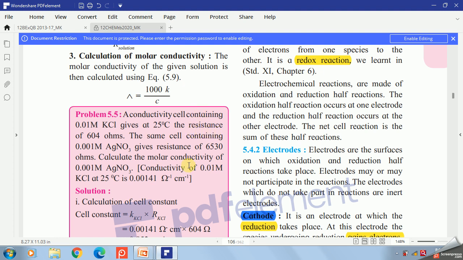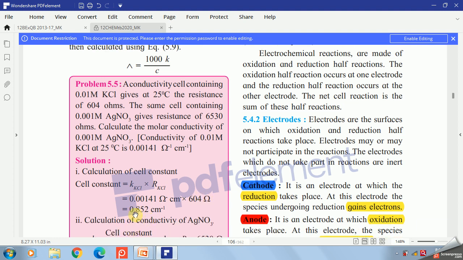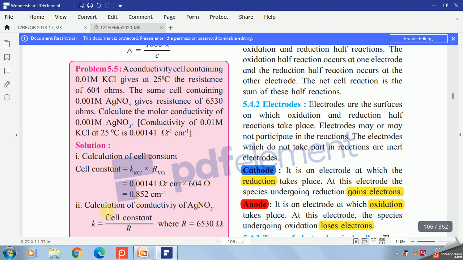Conductivity is 0.00141 ohm inverse centimeter inverse. So substitute here, conductivity 0.00141 and resistance 604. So ohm inverse and ohm get cancelled. What is the unit that remains? Centimeter inverse. So what is the value? 0.852.